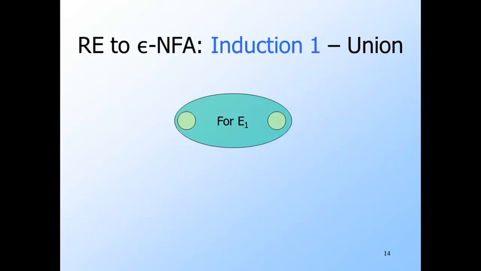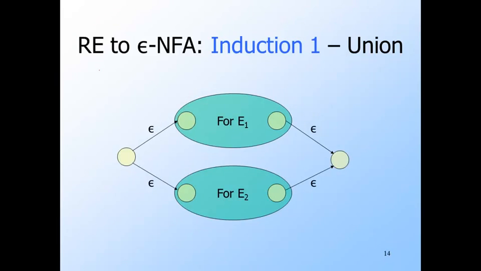We may thus assume that there is an epsilon NFA of the desired form for E1, and likewise for E2. We form the epsilon NFA for E1 plus E2 by introducing a new start state and a new final state. The old final states are no longer final. There are epsilon transitions from the new start state to each of the two old start states, and there are epsilon transitions from the old final states to the new final state.